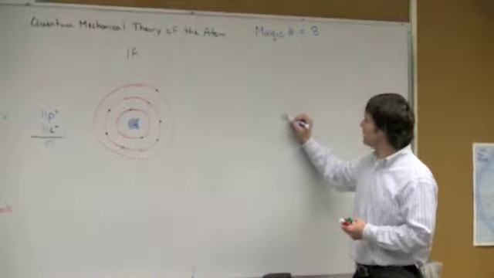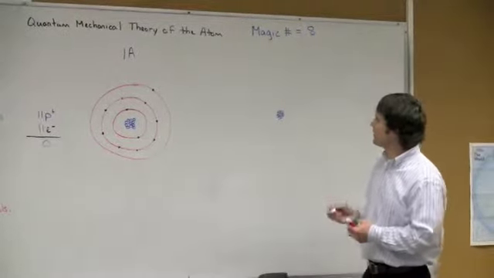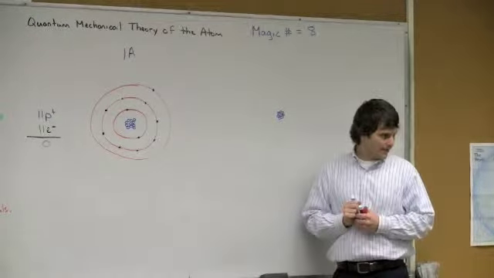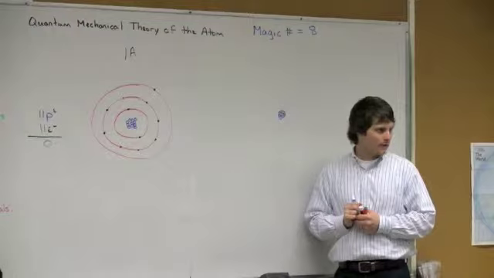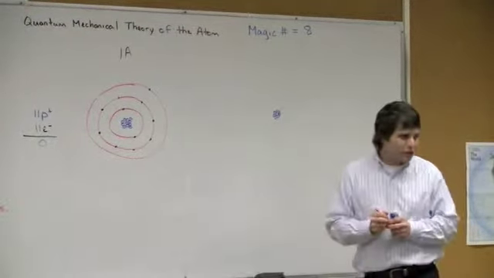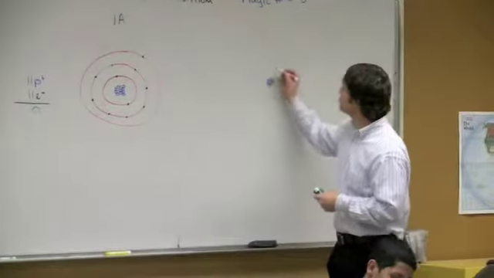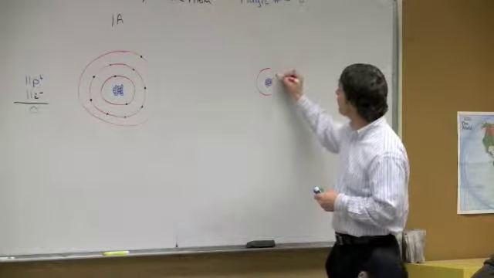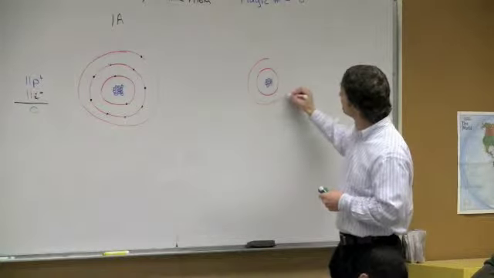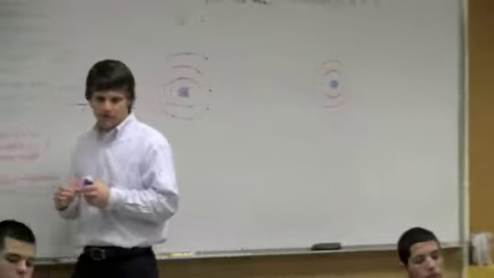So I'm going to go 1, 2, 3, 4, 5, 6, 7, 8. 8 protons in the nucleus. And because oxygen is in row number 2, I'm going to put 2 energy levels. 1, 2. 2 energy levels for oxygen.